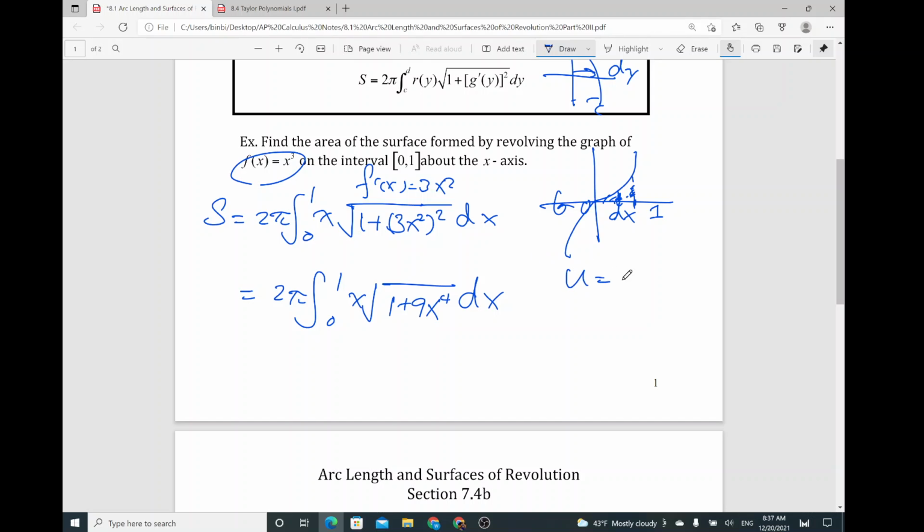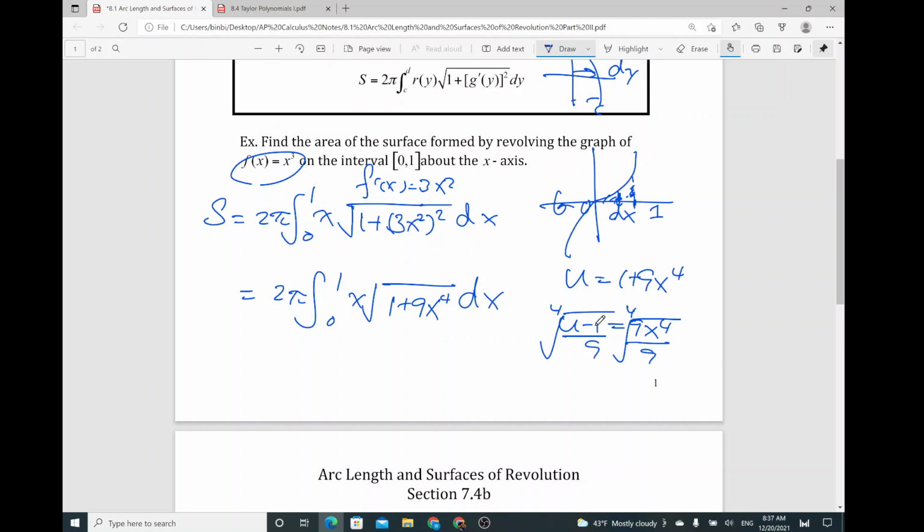So let's say u equals 1 plus 9x to the power 4, and then solve for x in terms of u. So u minus 1 equals 9x to the power 4, divide both sides by 9, and then take the fourth root of this whole quantity.